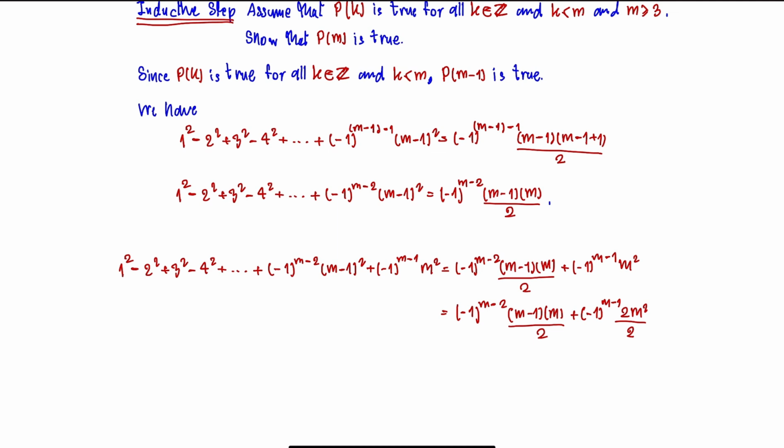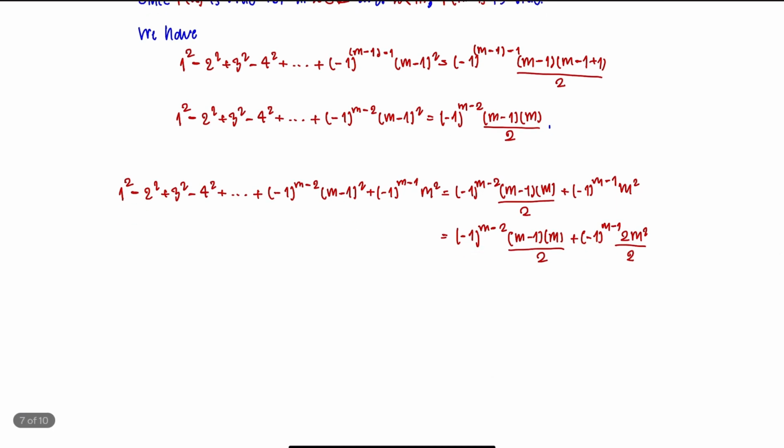So this is minus 1 raised to the M minus 2, and this is minus 1 raised to the M minus 1. We try to factorize this term. Factorize minus 1 raised to the M minus 2.